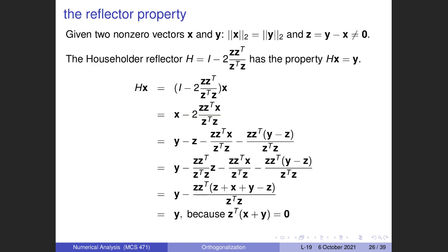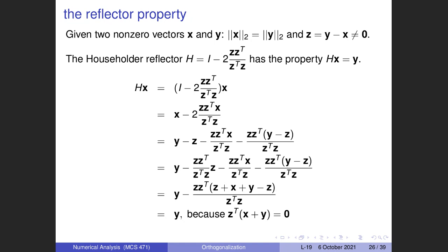So the geometric interpretation should have come first, perhaps. Here is the algebraic justification. What the reflector does, regardless of whether y is parallel to one of the directions in the basis or not, is that for any two unit vectors, you can map one to the other by this reflector property. This is worked out algebraically.